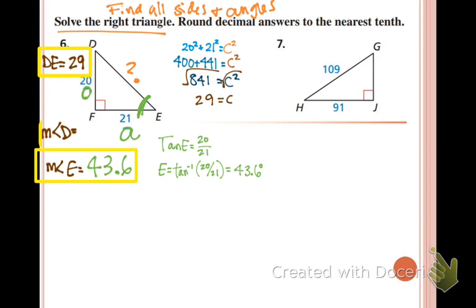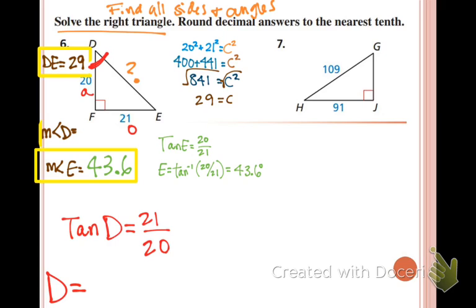All right, let's solve for angle D. So what will my opposite be? 21. And then what will 20 be? Adjacent. So which trig function am I going to use? Tangent. Tangent from what angle? D equals the opposite, which is 21, over the adjacent, which is 20.